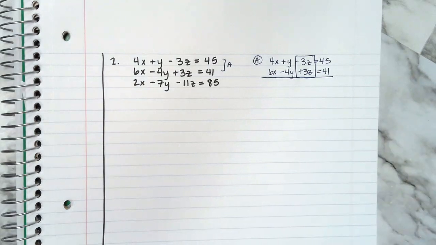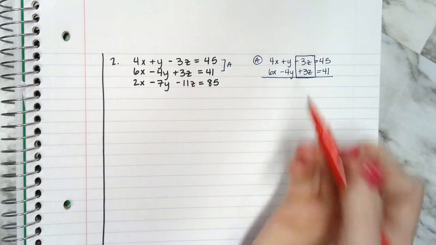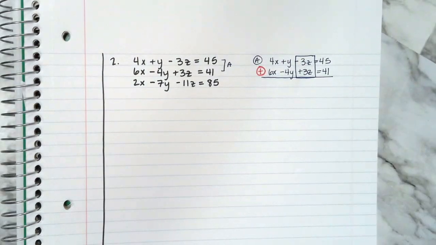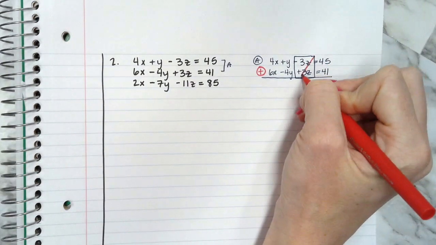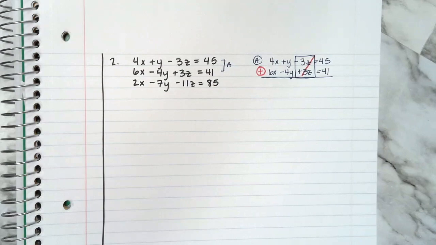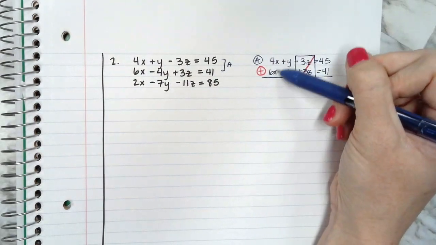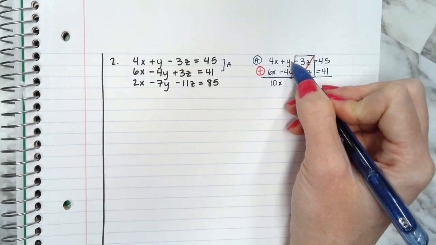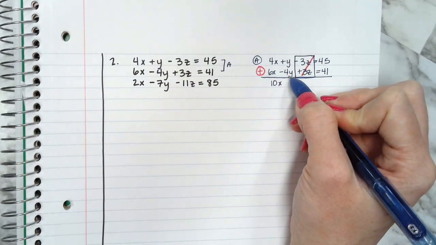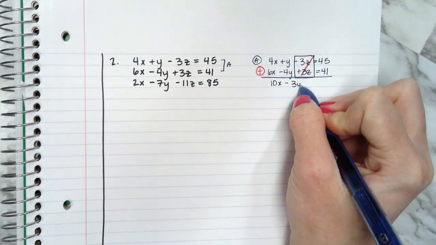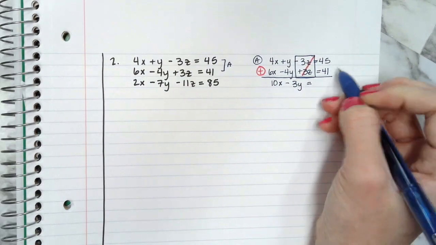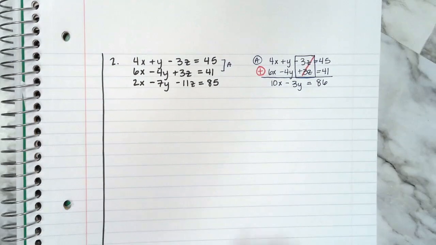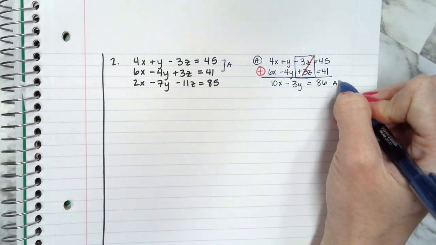Should I add them or subtract them to eliminate? I'm going to add them. Signs are opposite, so we're going to add them. And now that means I'm going to add all my other terms vertically. So 4x plus 6x is 10x. Y plus -4y is -3y equals 45 plus 41 is 86. So this is my new equation A.